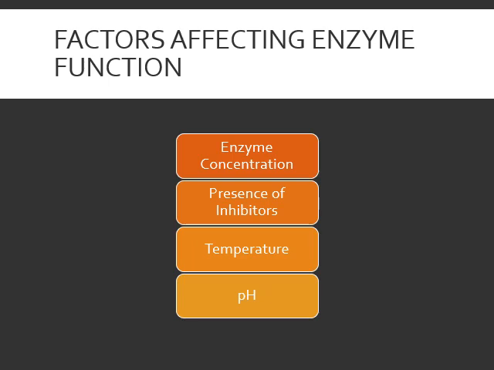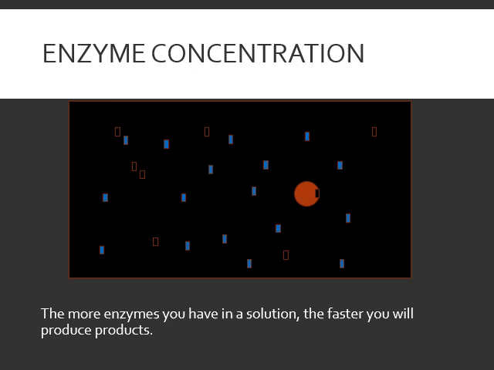So first off, I'm going to go through each of these. Enzyme concentration. If you have one enzyme in a solution, it speeds up the reaction, right? What happens if you have 2 enzymes? Double speeds it. That's right. It makes it go even faster. No, that's exactly right. That's what I was getting at.